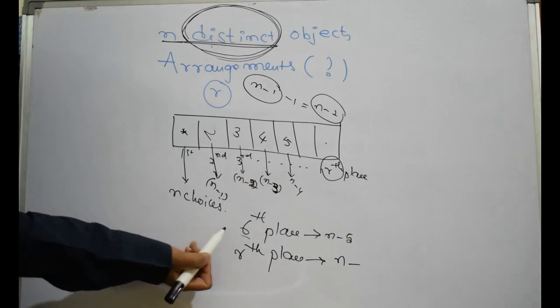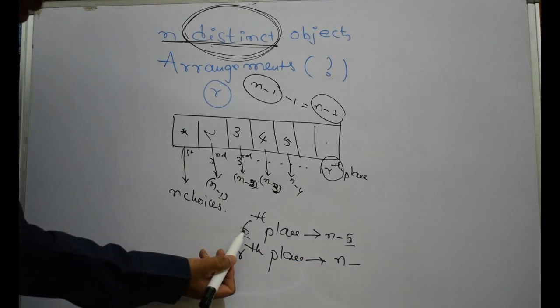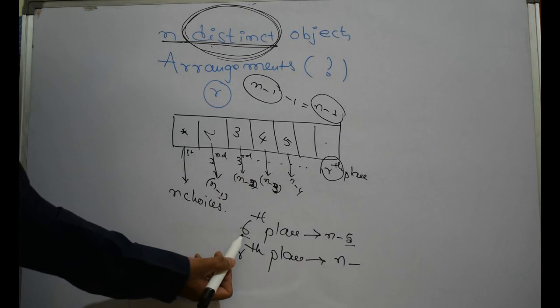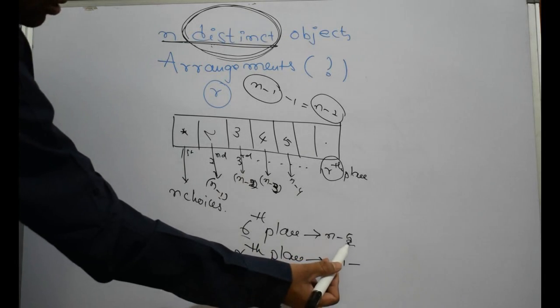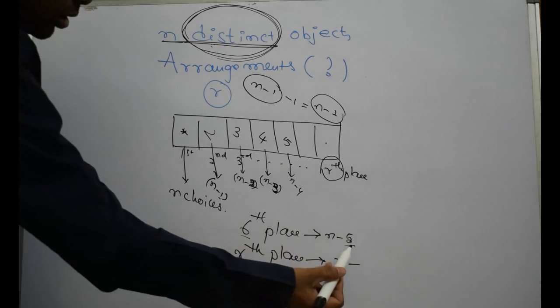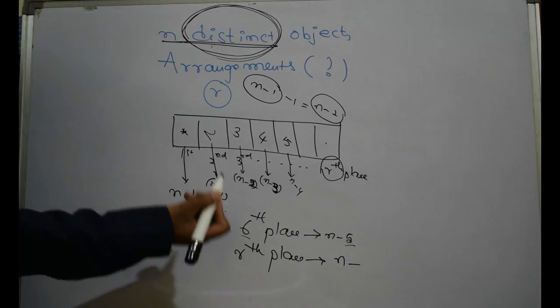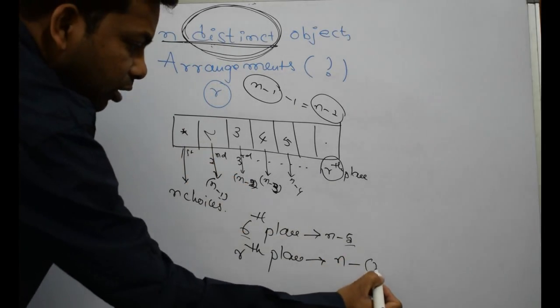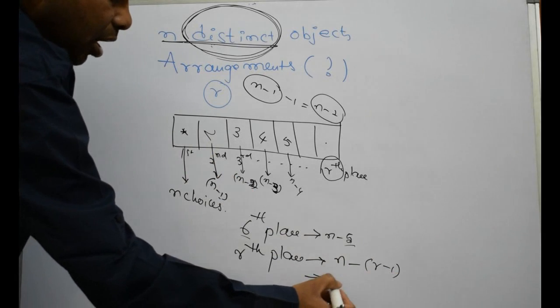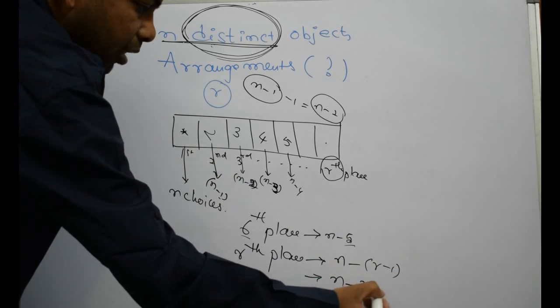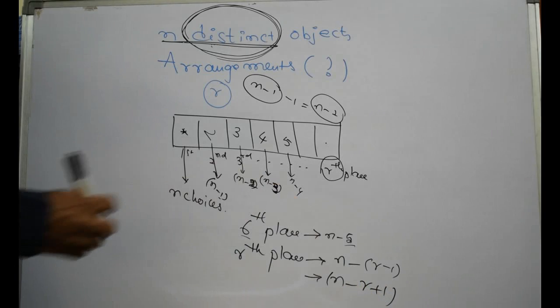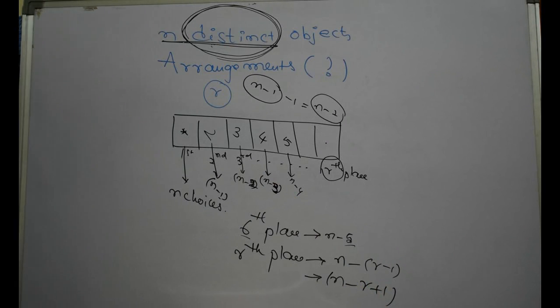Whenever you say 6th place, you are subtracting 5, so 1 less than the place number. 7th place, 6 subtracted. 8th place, 7 subtracted. So for the rth place you subtract r minus 1. So what is that? N minus r, minus into minus is plus 1. N minus r plus 1 choices we have for the rth position.